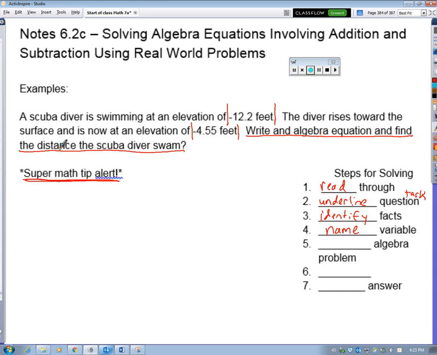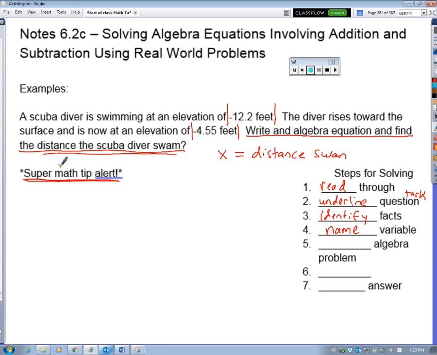The variable, the thing we don't know, is the distance the scuba diver swam. That is going to be our x. So I'm going to say x equals the distance swam. That's the thing that we're trying to solve. There is your super math tip alert that's going to give you exactly what the variable is.